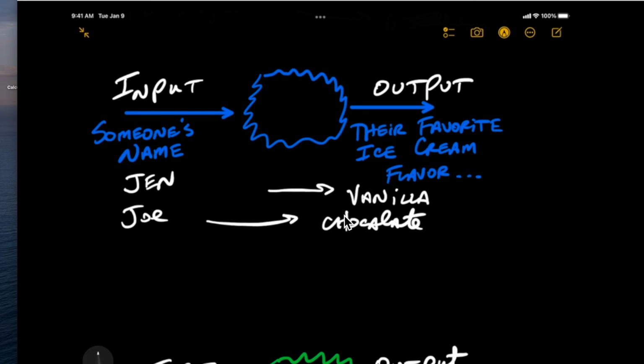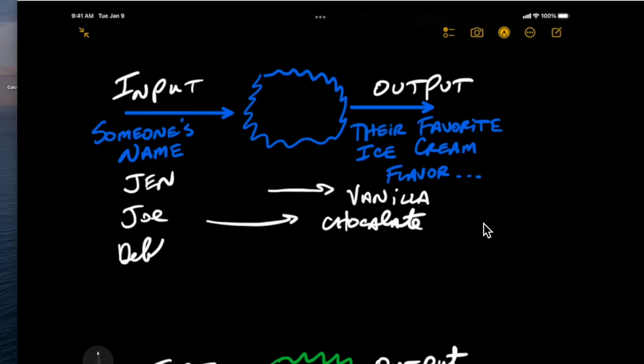So far, this is a valid function. Because look, if you ask Jen her favorite flavor, she can only give you one answer if it's truly her favorite. This question is not name some ice cream flavors that you like. This is input someone's name, output their favorite flavor.